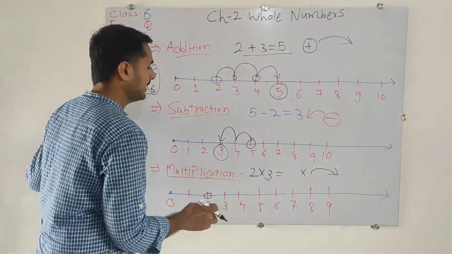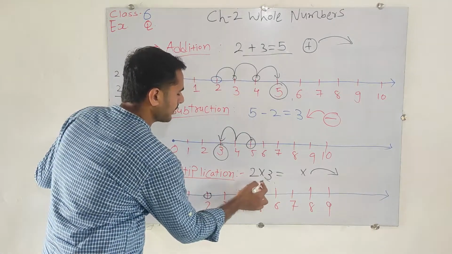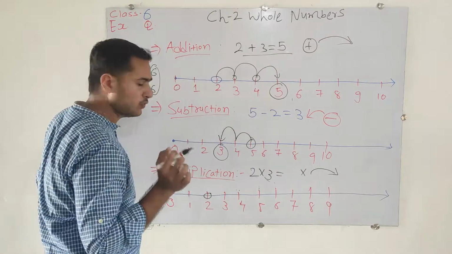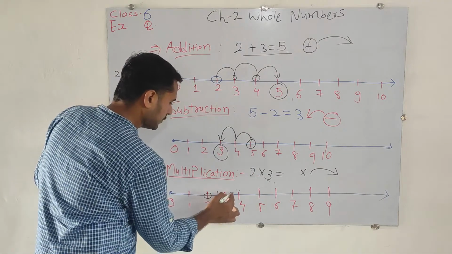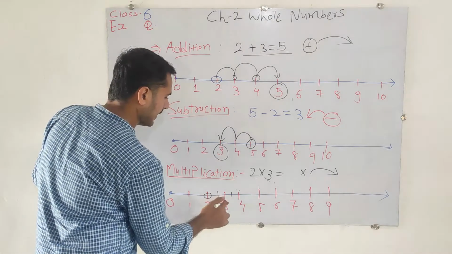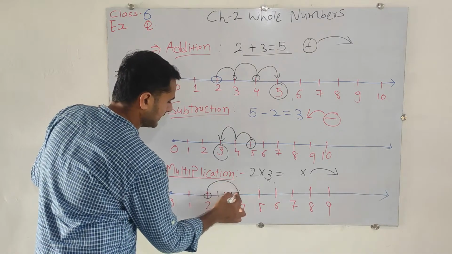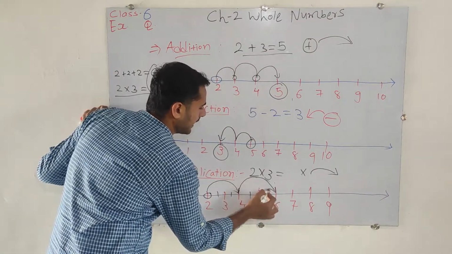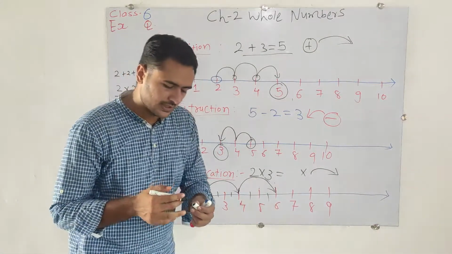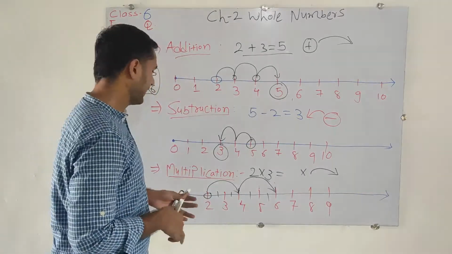So first we have to find out how many gaps. Here is 2, so mark the 2 gaps. So this is a total of 2 gaps. Now we will move like this: 1 and again the 2 gaps, then 2. This is how we can find the answers for multiplication also.